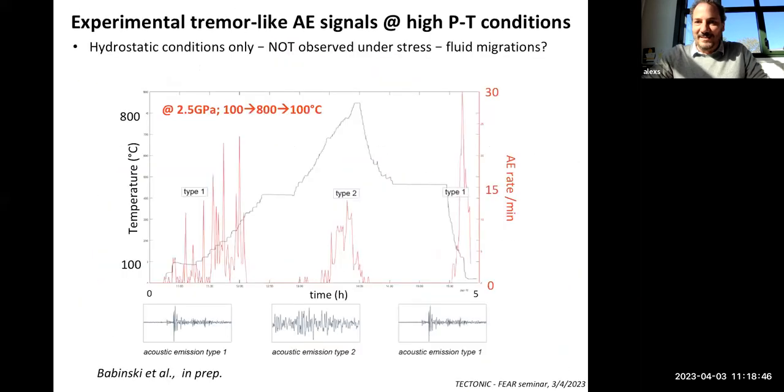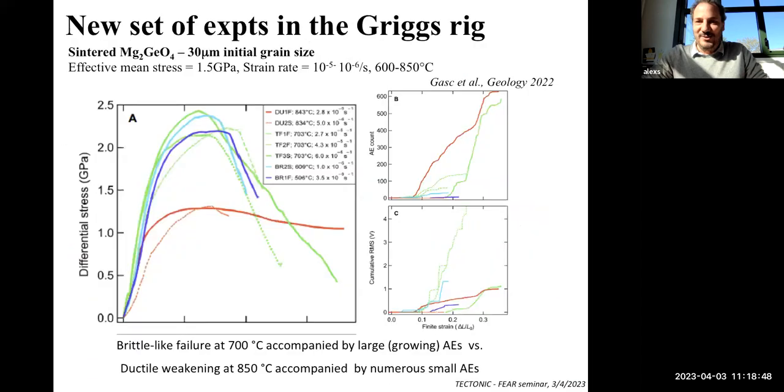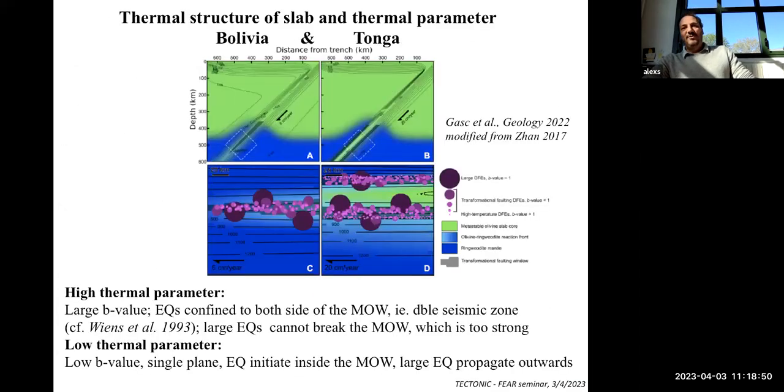And so, sorry again for the slideshow. One of the ways to reconcile that is to say that, in fact, in cold subduction zones, what you're looking at is the failing of the entire metastable olivine wedge. So here you have a reconstruction for Bolivia, where this shaded gray would be the metastable olivine wedge at depth.